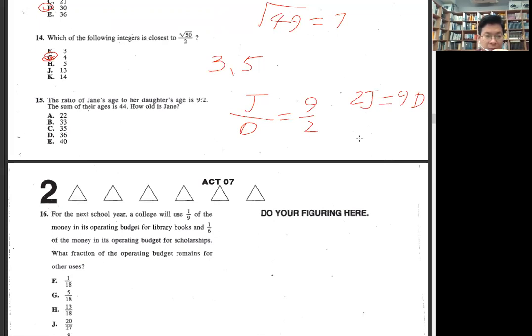But then the sum J plus D is 44. We're looking for Jane, so then we can change this one to D equals 2 over 9J. Plug that in. 11 over 9J equals 44. So J has to be 36.